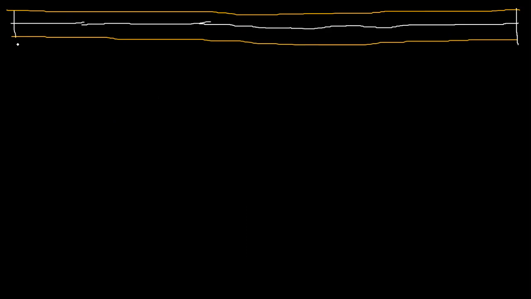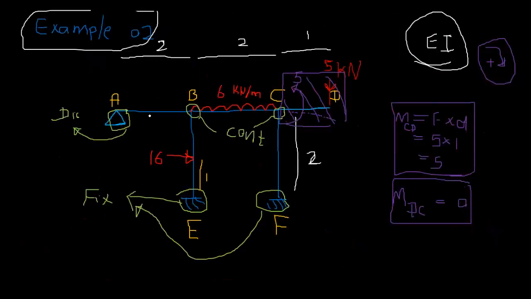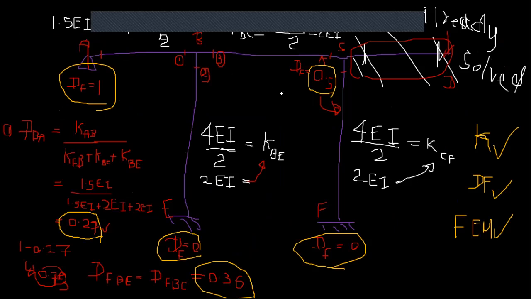So altogether you have how much? 1, 2, 3, 4, 5, 6, right? And for BC you have 3 members, right?